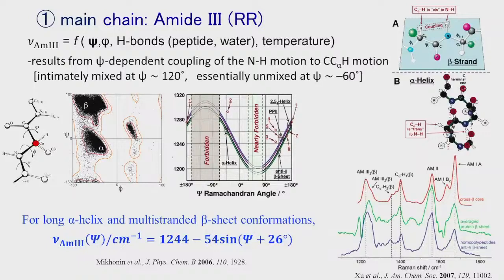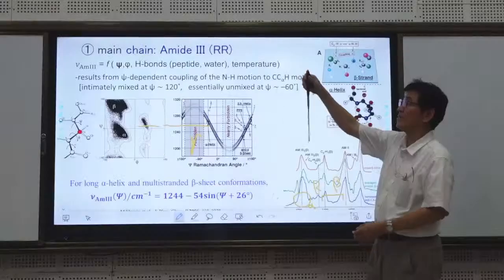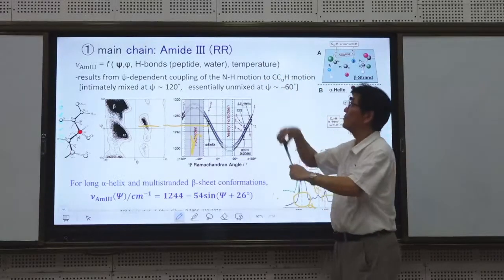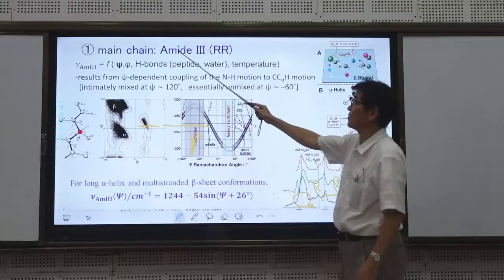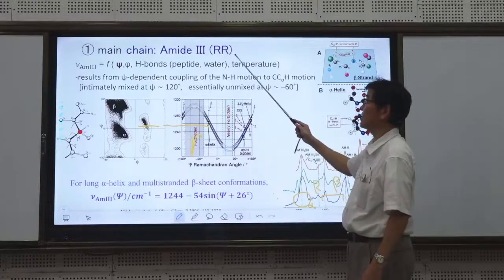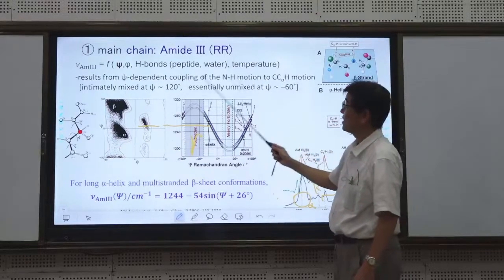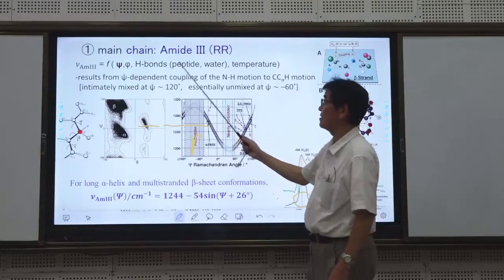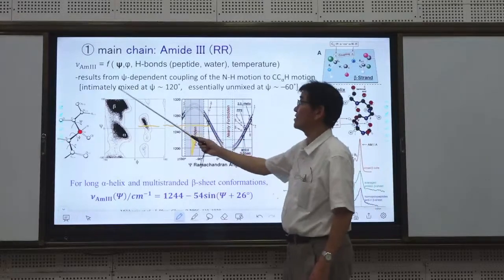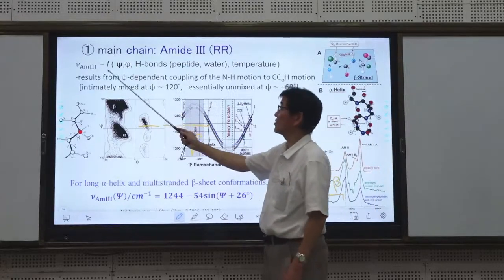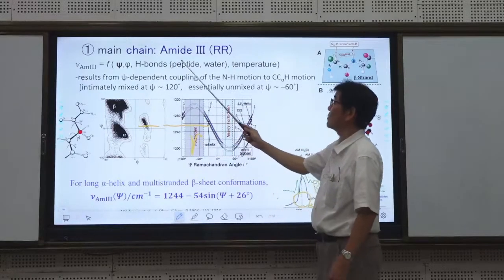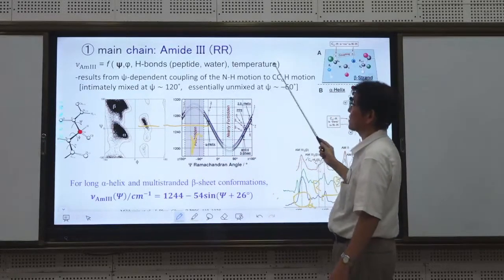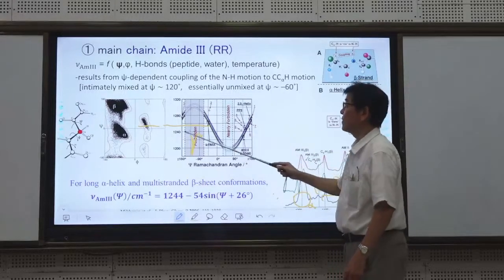Amide 3, I explained, is NH bending plus CN stretching mode. And this peak position is studied in resonance Raman spectroscopy, and it is considered that the frequency is a function of phi and psi, and hydrogen bonding between peptide and water, and the temperature.